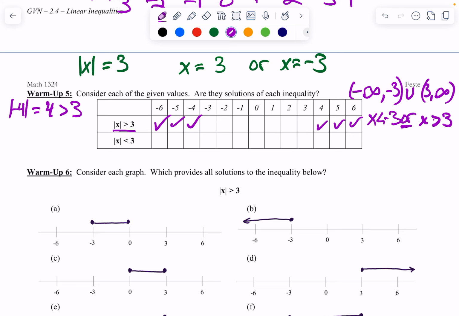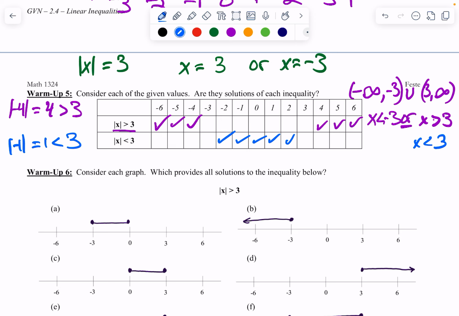Now we're going to look at absolute value of x is less than 3. So what values are less than 3 here? Well, it's going to be 2, 1, 0, -1. Absolute value of -1 is 1, and that is still less than 3. -2 is still less than 3. But then if we go to -4, that is greater than 3.